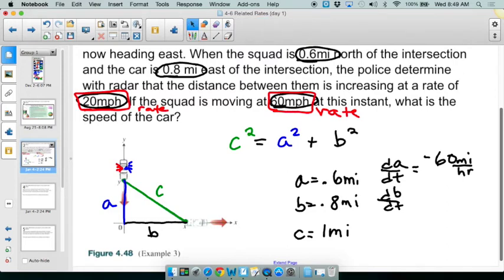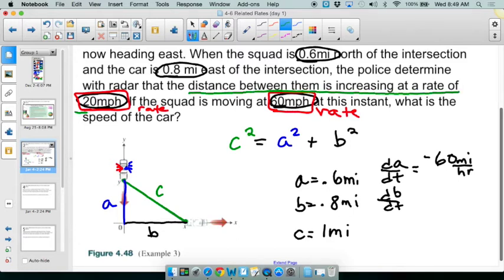Oh, okay, good, Brad. Brad is saying, wait a minute, this is the distance between them that is increasing. What variable is the distance between the car and the squad? It's C. So we know that dC dt has to be the 20 miles per hour.